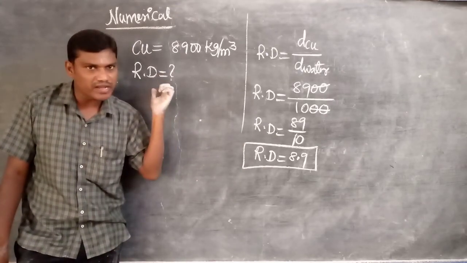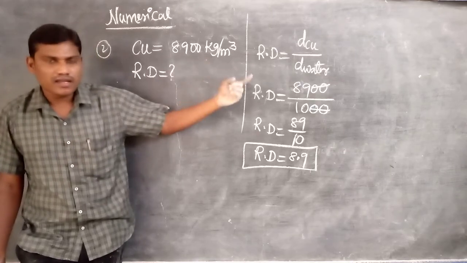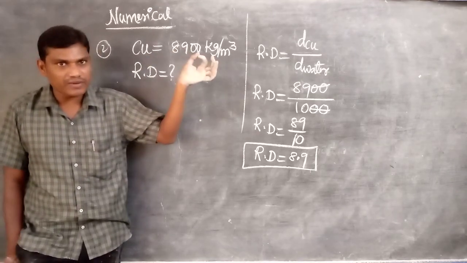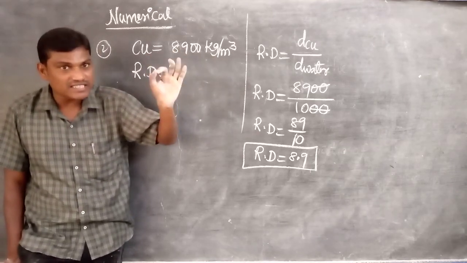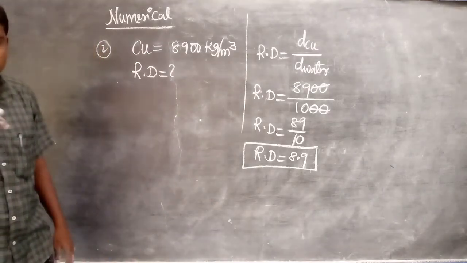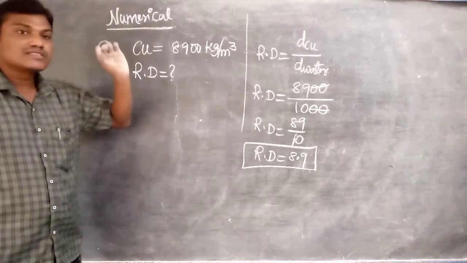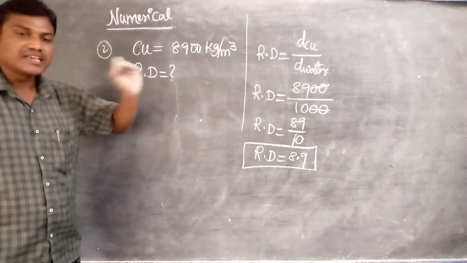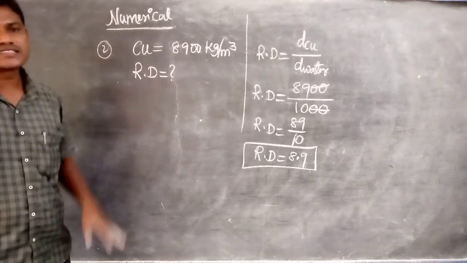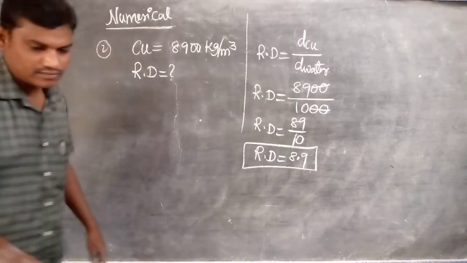In the previous numerical, the density of aluminium is 2.7 gram per cc in CGS, and the relative density is also 2.7. From that you can easily understand that the density of any substance in CGS unit is the same as its relative density. Thank you.